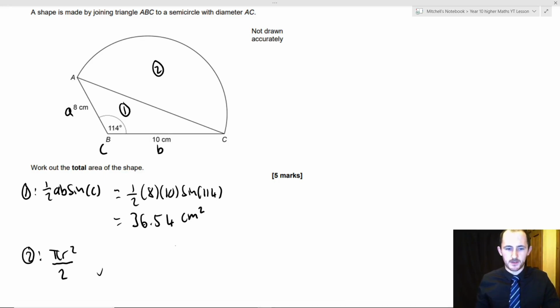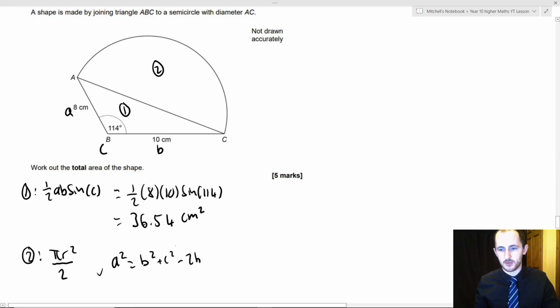Now, the cosine rule, again, it's one of those long formulas. A squared equals b squared plus c squared minus 2bc. Also, I feel like I should warn you guys in advance. Whatever exam board you're doing, there is no guarantee you're going to get a formula sheet in your exam. Last year, they gave everyone a formula sheet because of COVID and missed learning and all of that stuff.